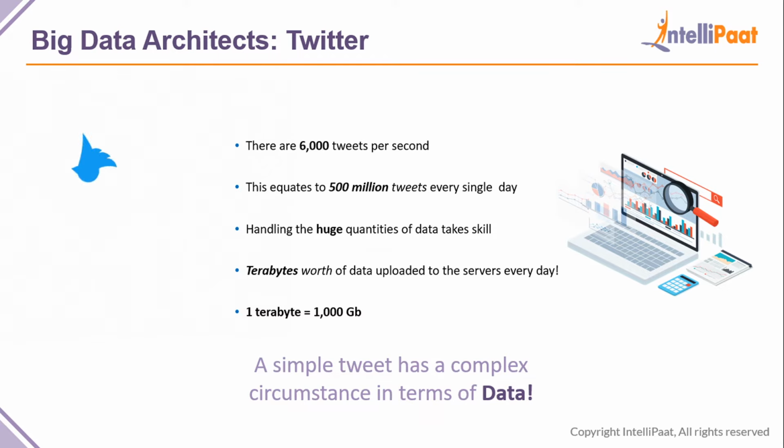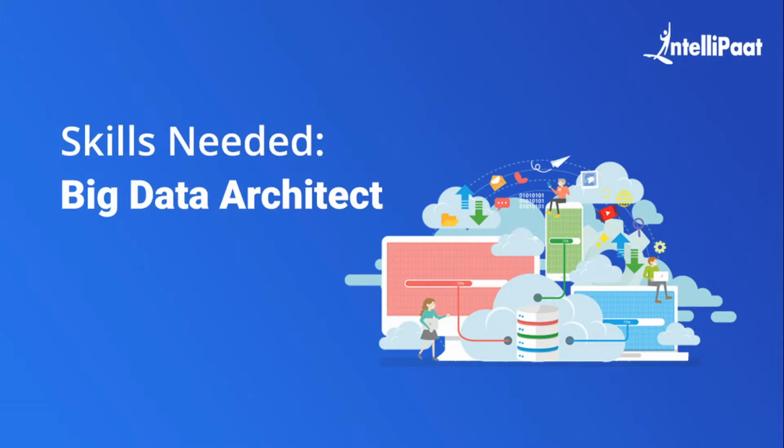One simple tweet will cause so much havoc in the background. I mean, havoc, this is basically chaos theory, guys. This has been controlled. So this pretty much accounts to 1 terabyte worth of data every single day. So think about it. Think about all the data, why we require big data architects.